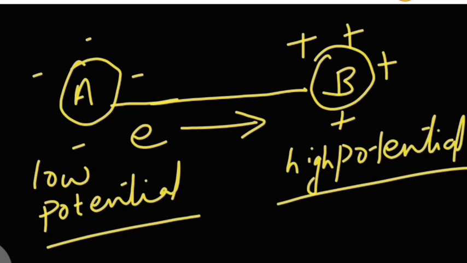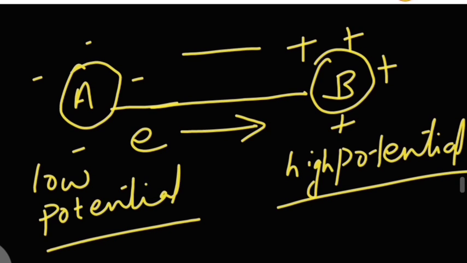So to keep up with the conventional way of flow, our electric current is considered to flow from high potential, that is from positive charge to negative charge, which is against the flow of electrons.